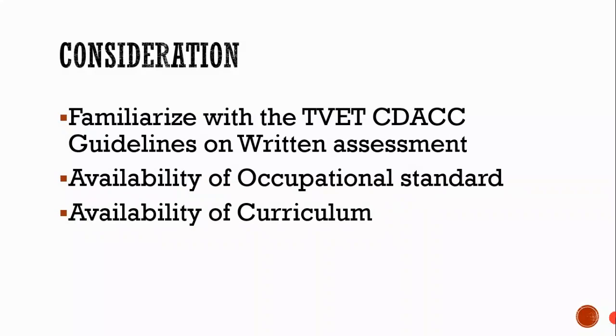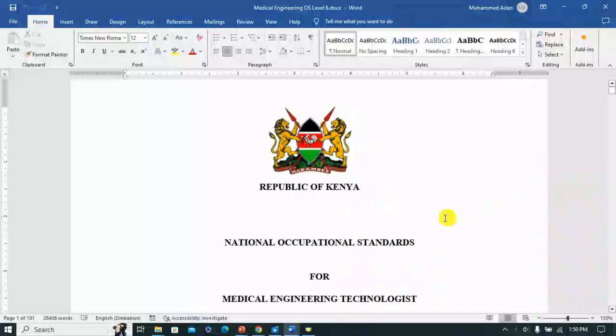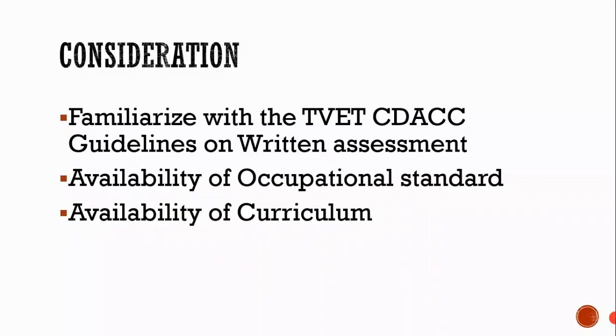Number two, you need to have our benchmark, and that is the occupational standard. So all the assessment that you're going to develop should refer you back to occupational standards. So that is our document to use. And usually what supports occupational standard is a curriculum. And why do you need a curriculum when you're developing written assessments?